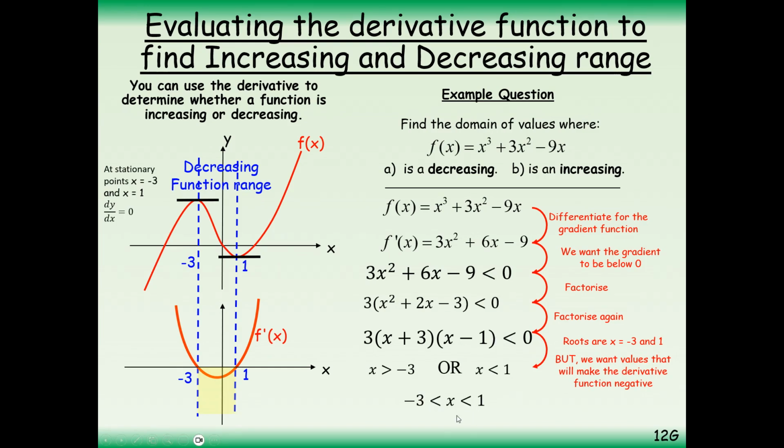This is the inequality we solved, right? And we found this part of the graph where the gradient is negative actually matches up with this graph, this x squared graph.